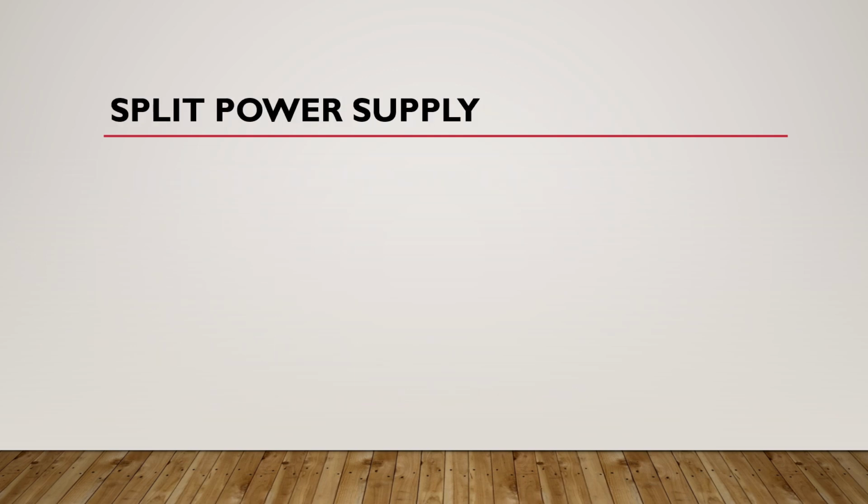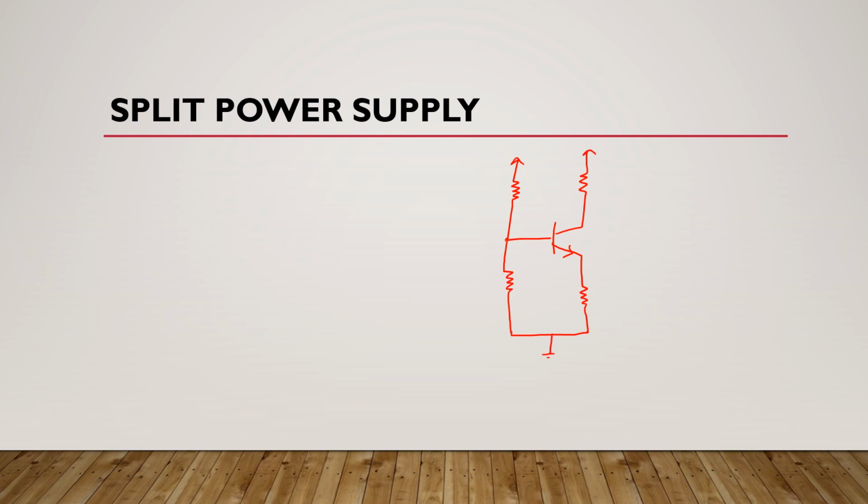Now we will understand split power supply. The circuit diagram of split power supply looks like this. The arrow is here, it means it is an NPN transistor configuration.